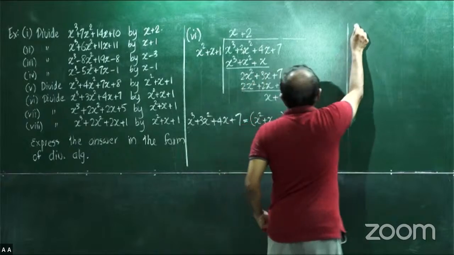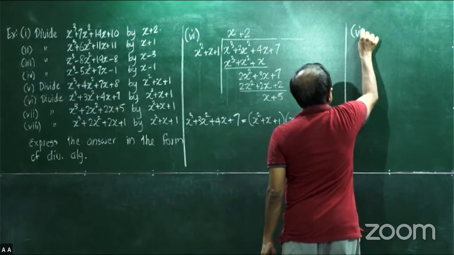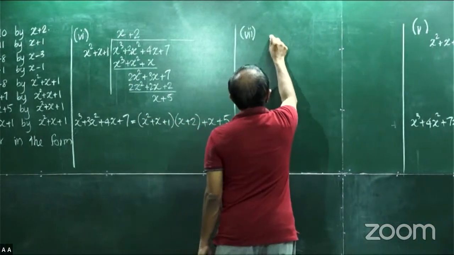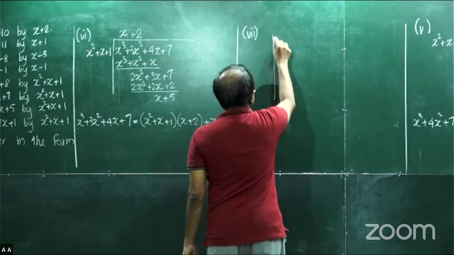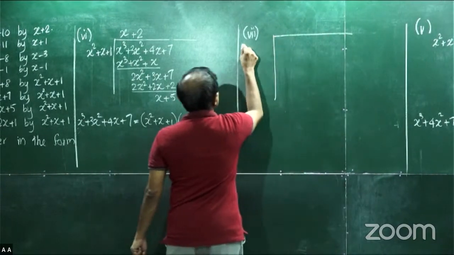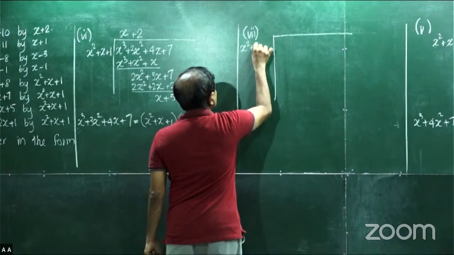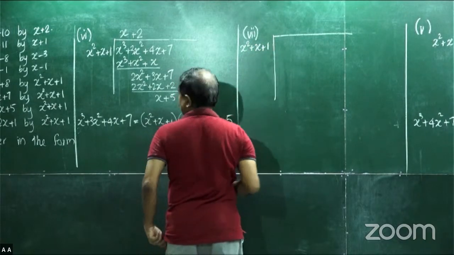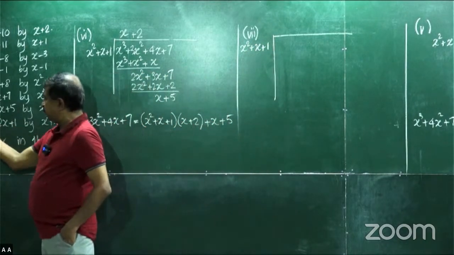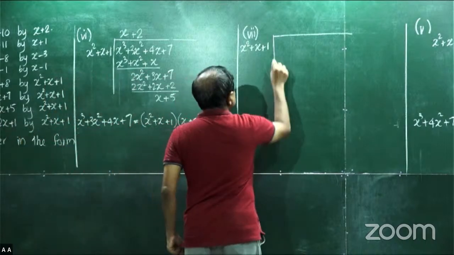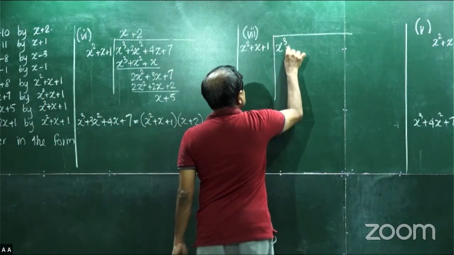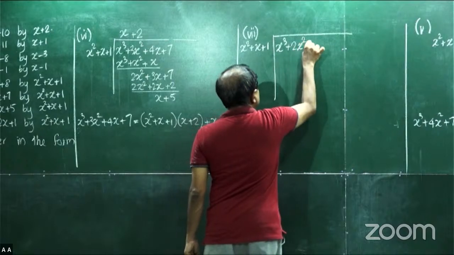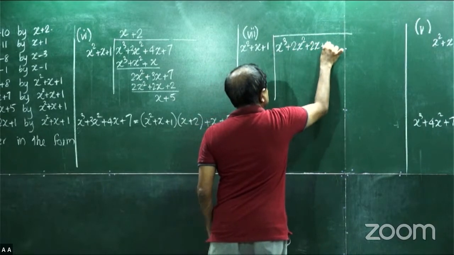I'll do the 7th. In the 7th, this is what you have. X cube plus 2x squared plus 2x plus 5.